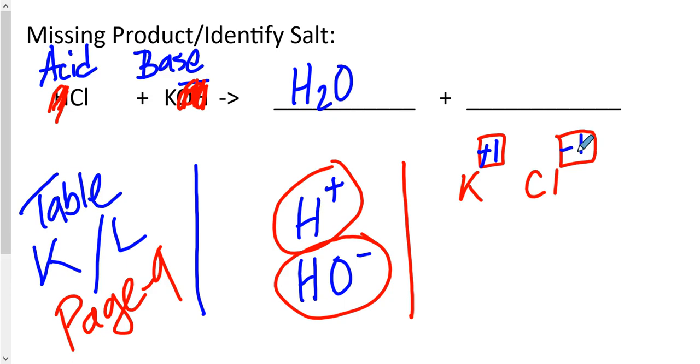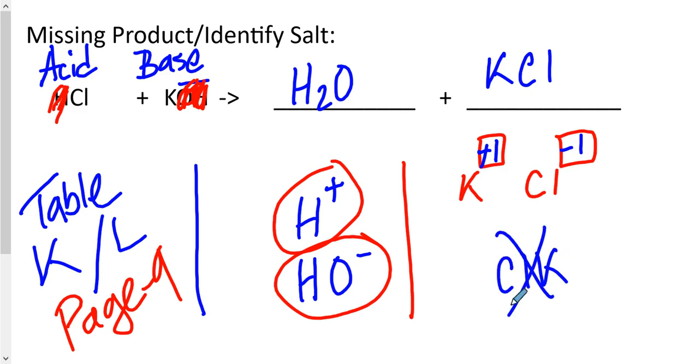If the ratio is 1 to 1, again, you can use the crisscross method, or you can just simply look at the ratio and identify the formula, which would be KCl. Please do not write ClK, that looks weird. We usually write the positive ion first and then the negative ion, or we usually write the metal first, then the non-metal, right?